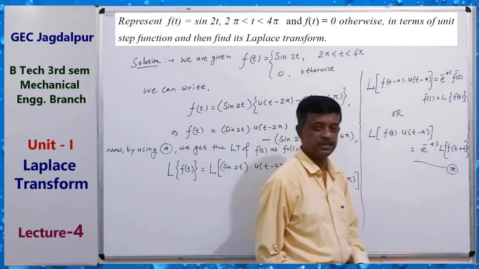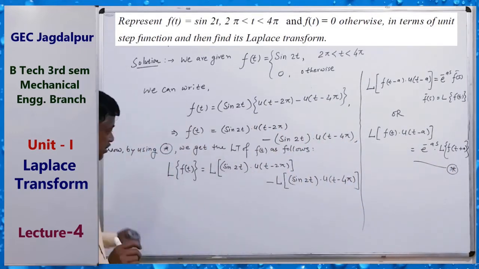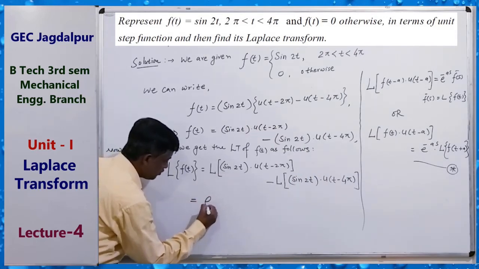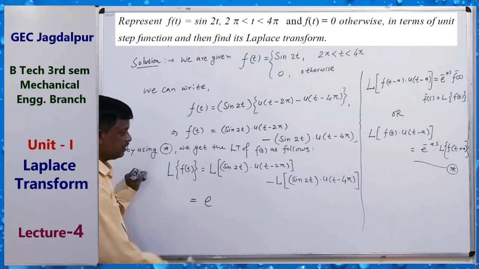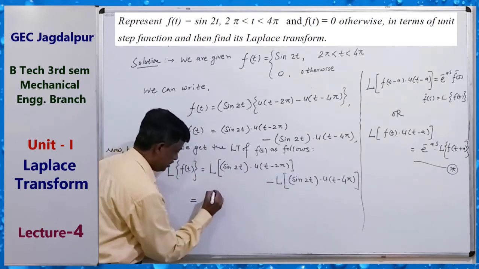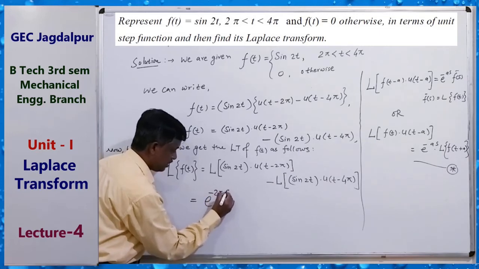This is f(t) u(t minus a), which equals this. So we can write this is equal to e to the power minus as, where a means 2 pi, so 2 pi s.